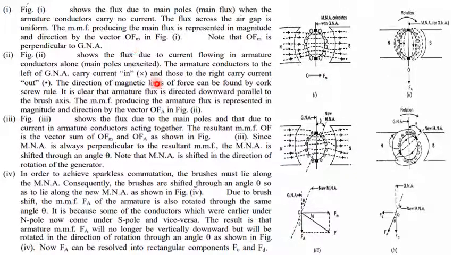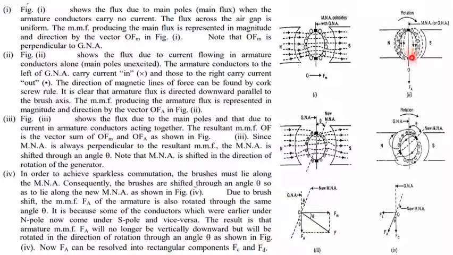The second figure shows the flux due to the current flowing in the armature conductors alone. There is no flux due to the main poles, so the main poles are de-energized. Only the current flowing through the armature conductors produces flux.